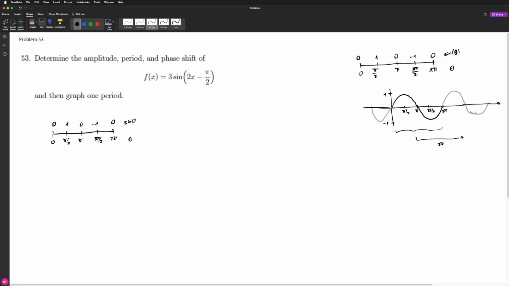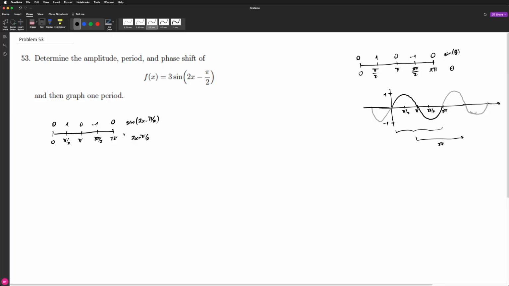Now, what I have here inside my sine function is not x, but 2x minus pi over 2. So when 2x minus pi over 2 is 0, then sine of that will be 0. Whatever is inside the sine, right?